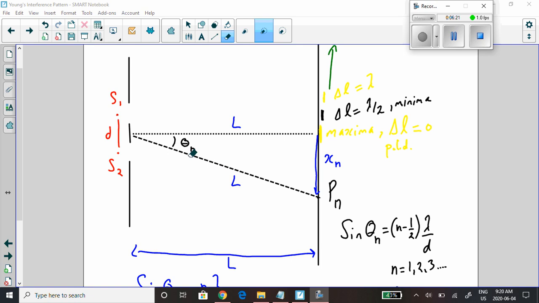Where are these positions in terms of an angle theta? So right here, let's say there's a point Pn, which is a point on any minima. It could be the first minima, the second minima, the third minima. Where can I find this on the screen and describe it in terms of an angle?